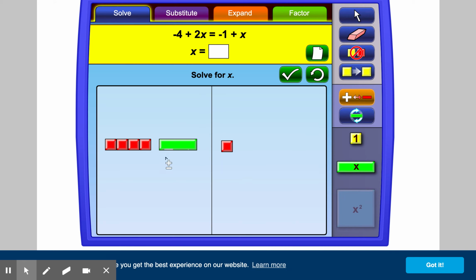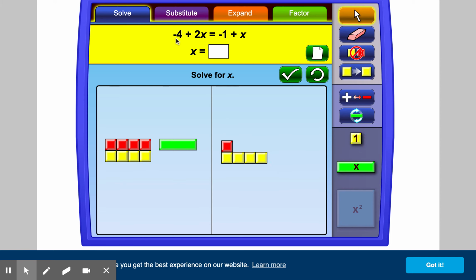So now because I have 1 green left here, I need to move these over to this side. So because there are 4 negatives, I'm going to add 4 positive unit tiles. And then I will do the same thing on this side. Okay?